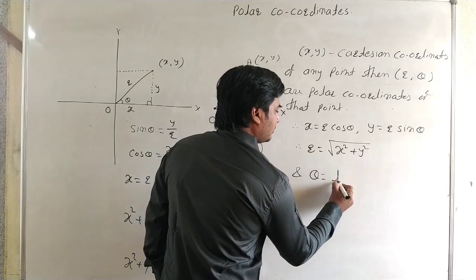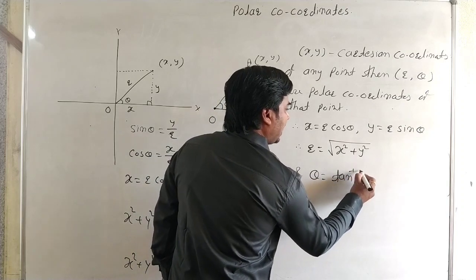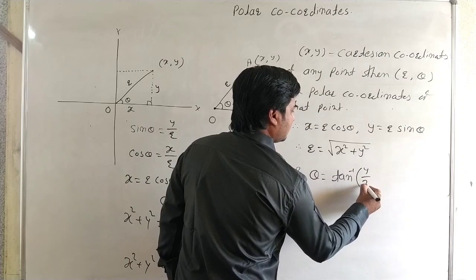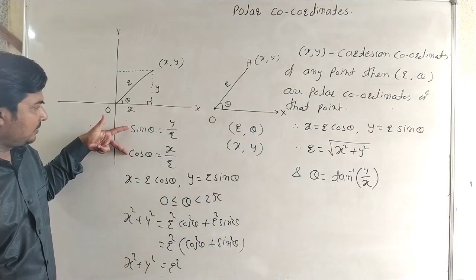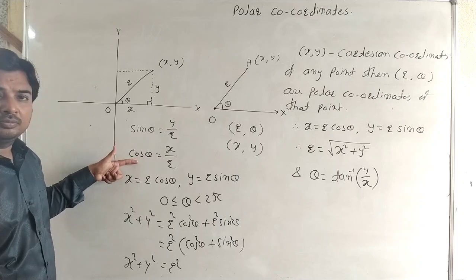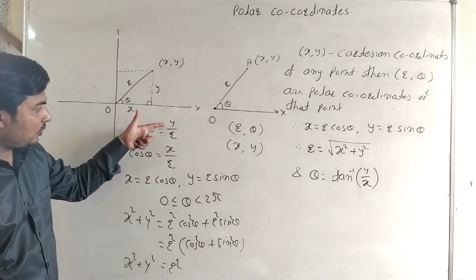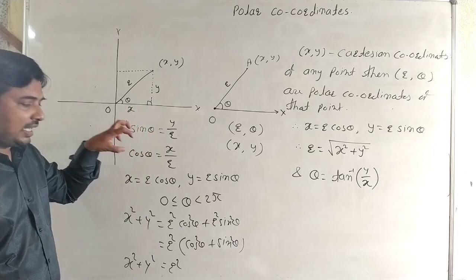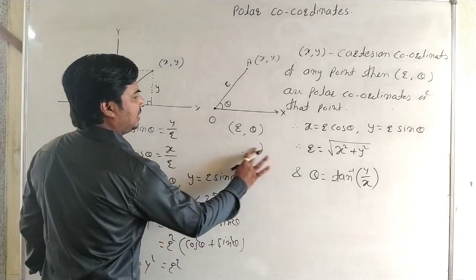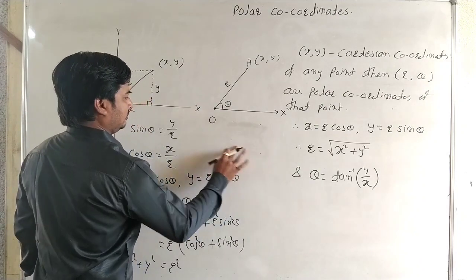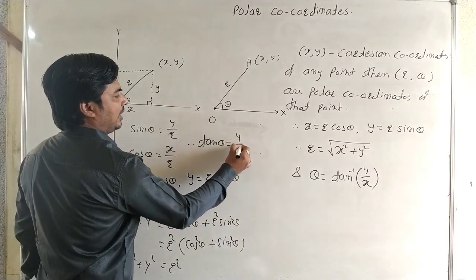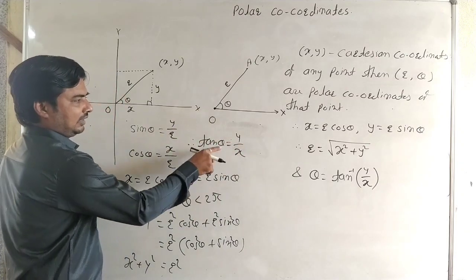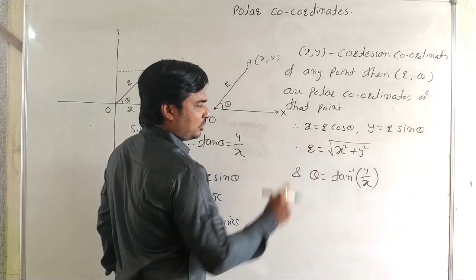And theta is tan inverse of y by x. Now from this, sin theta upon cos theta is tan theta, and therefore y by r upon x by r. Therefore tan theta is equal to y by x, and then theta is equal to tan inverse of y by x.